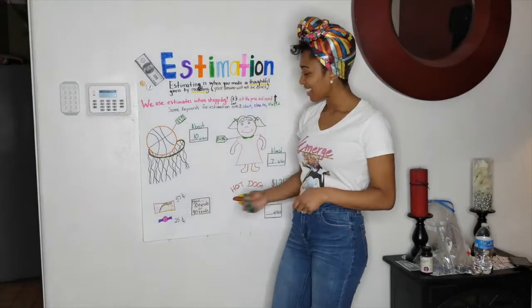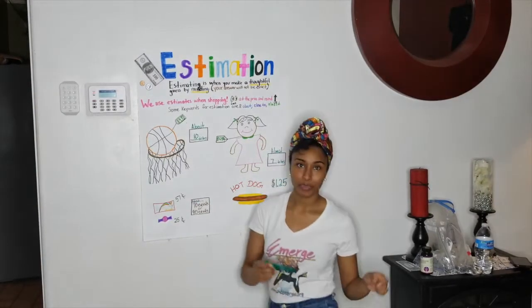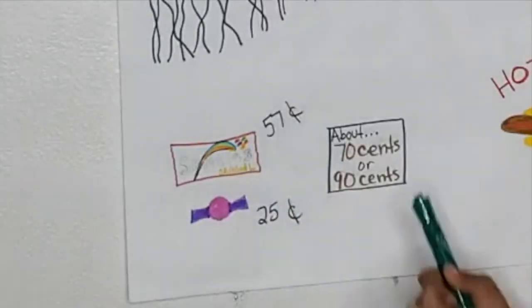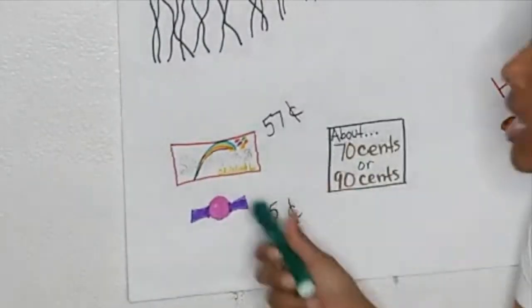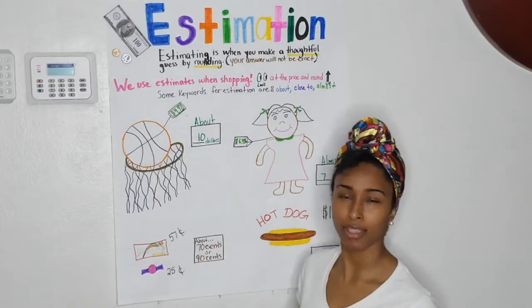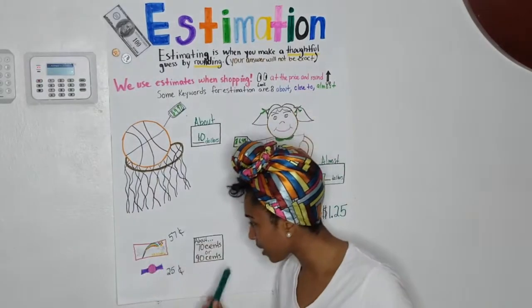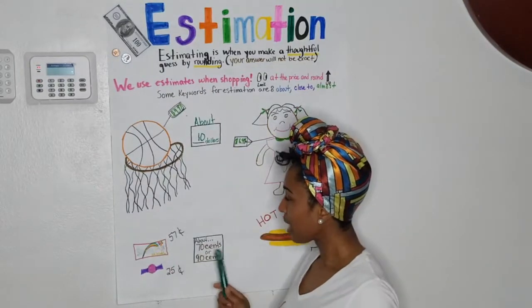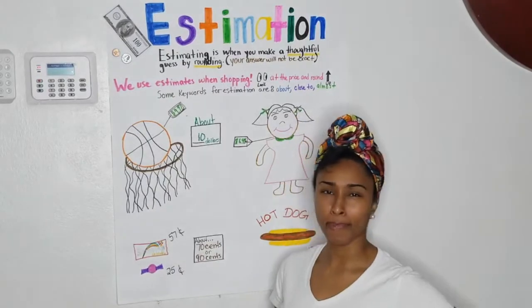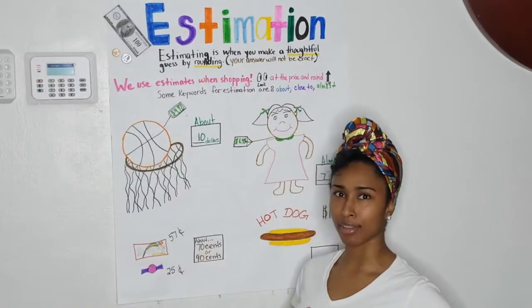Okay, now let's do this one. Okay. Ooh, I see Skittles. I love Skittles, by the way. I like any candy, don't you? Okay, I have Skittles. It's a little bag of Skittles here. It says it's 57 cents. Okay, what kid do I think likes Skittles?